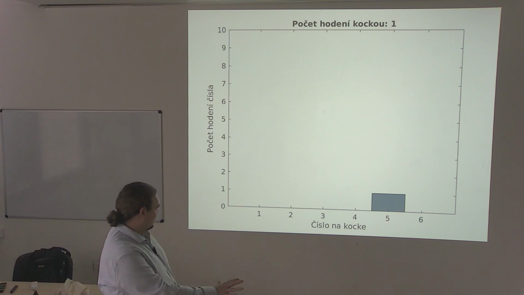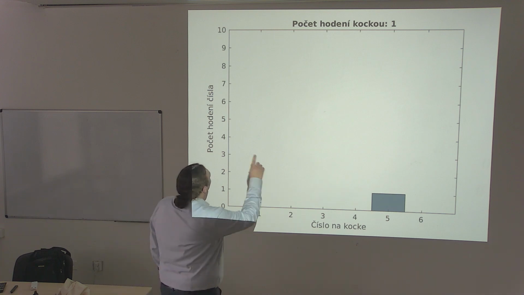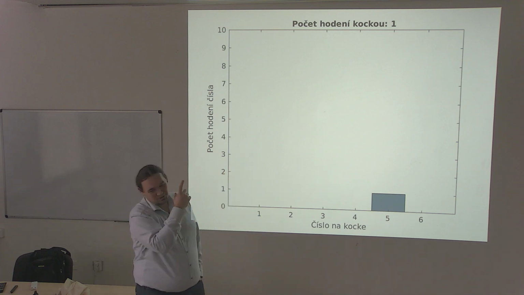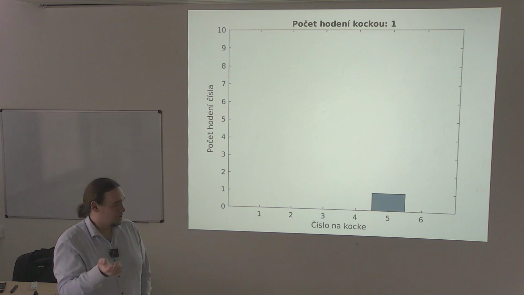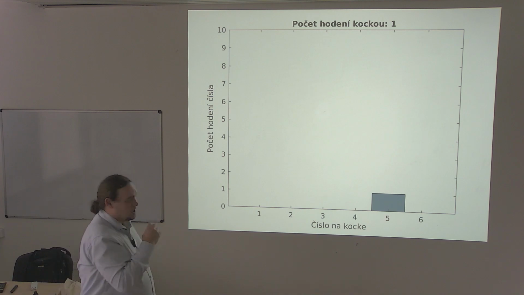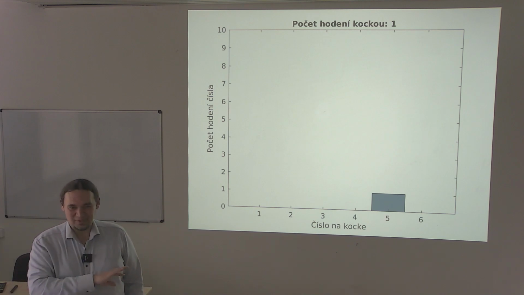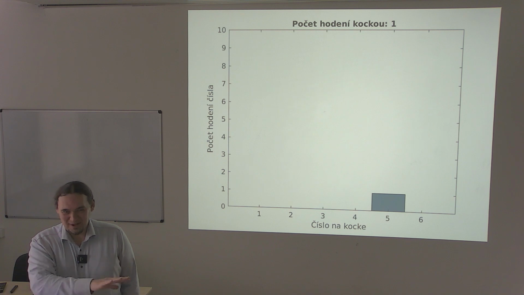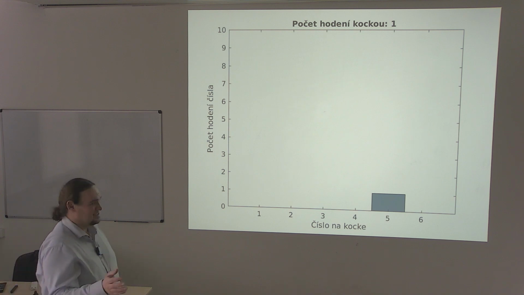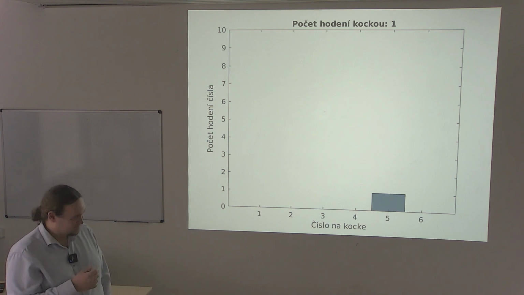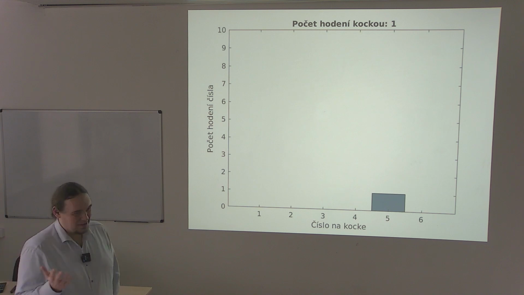So here we will see a couple of experiments. On the top, we are even counting how many times we threw a dice, and this is, I promise, done with a fair dice because it's simulated in MATLAB. I didn't sit in my office and throw the dice 6 million times.